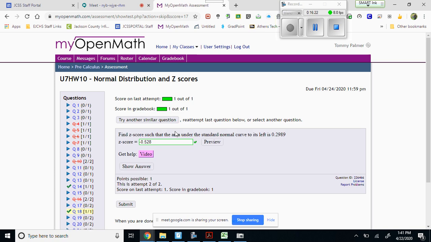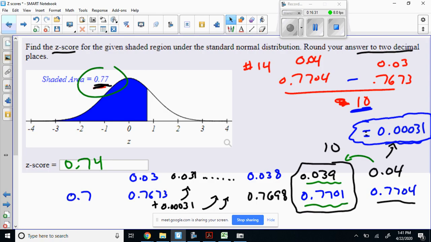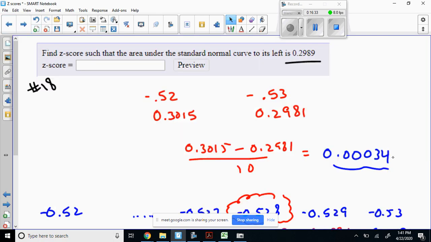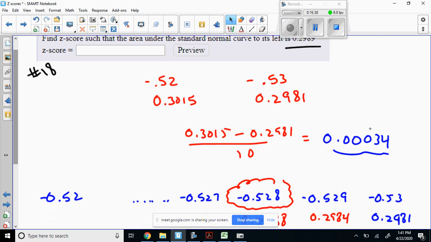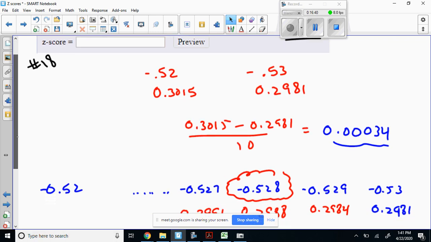Okay. So what I had to do is, do you see how each one of them stepped by that much? It's going to be 0.003 something, right? This was 4, the other one was 131.